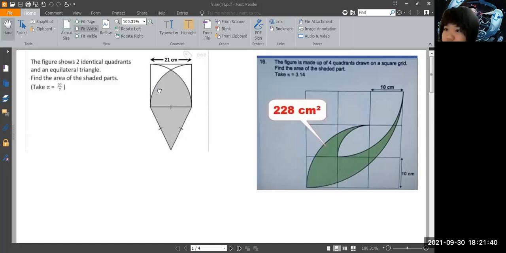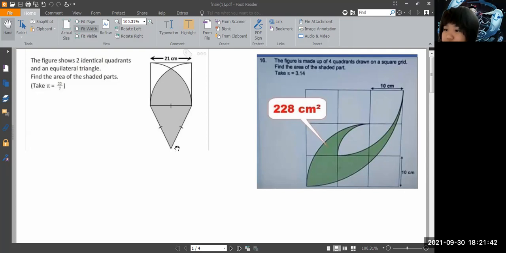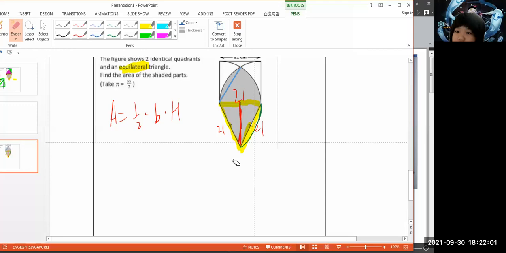So remember, when you do questions like this, you can add lines to help you. Before this lesson, we never talked so much about adding lines and then moving. So this is another approach you can use. Here I add lines and then I shift. Similar. Next.